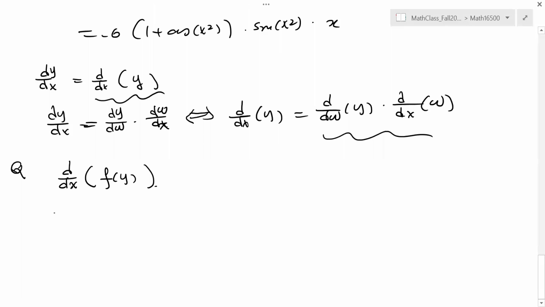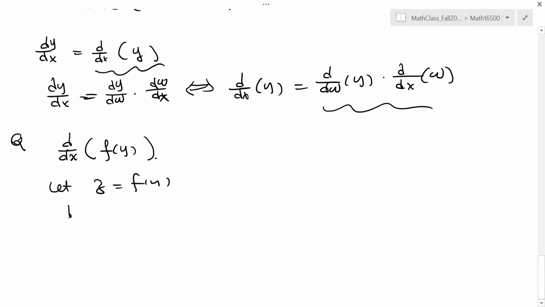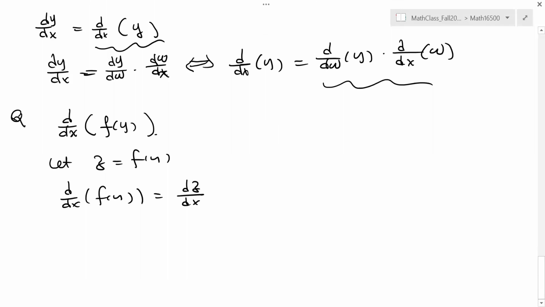So you can let z be f of y. How about like that, right? Then the derivative of f of y is just dz dx, right? Then you use the chain rule, it's going to be dz over dy times dy dx. Clear, right? What is dz over dy?